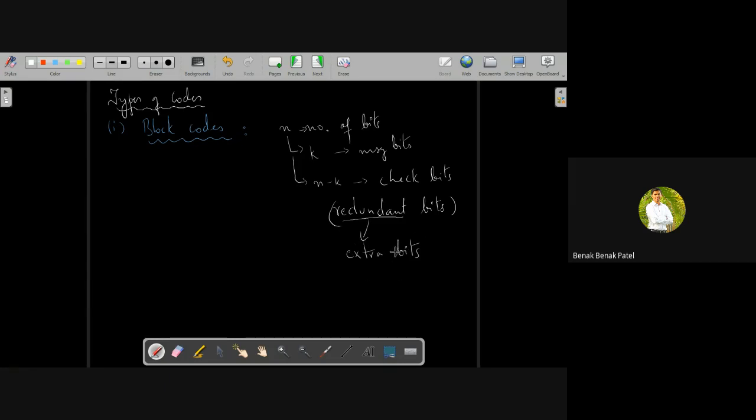Now you might be wondering, you have to ask one question. I don't know how many of you are getting this question or not. What question? Let's see. Back in our source encoder, we were trying to map symbols to code words.